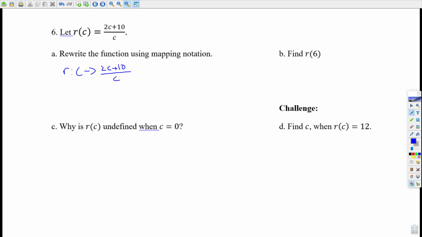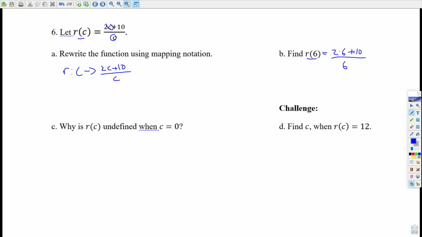We're going to find R of 6. It looks like they want us to use the original notation to find it. So R of 6 would equal, you plug in 6 wherever you see C's: 2 times 6 plus 10, and the bottom is also 6.